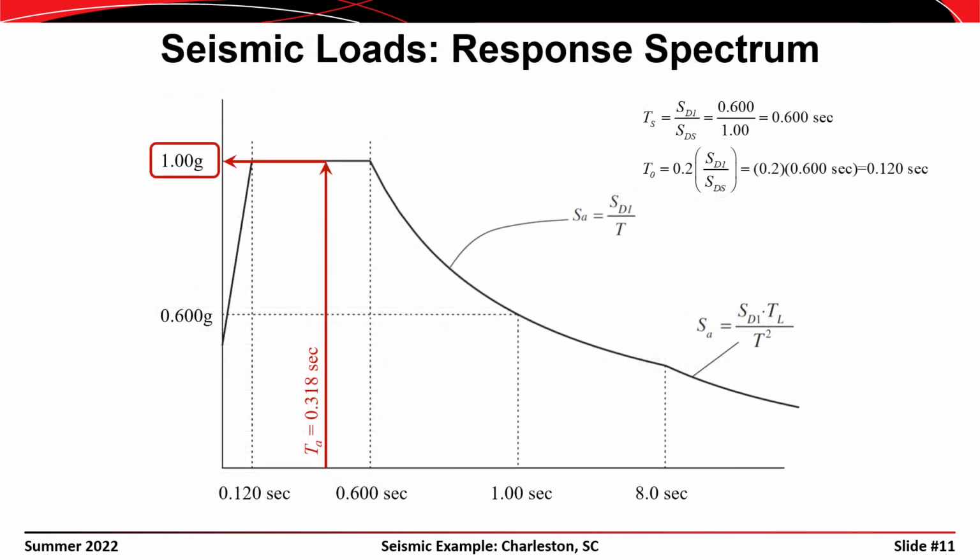Going back to our response spectrum now for the moment resisting frame, at a period of T equals 1.1 seconds, we could see that we would have a spectral acceleration approximately equal to 0.55 times g. In fact, you could calculate the spectral acceleration exactly by taking S sub D1 divided by T. So for a value of 0.6 divided by 1.11, you would end up with S sub a equal to 0.541 times g.